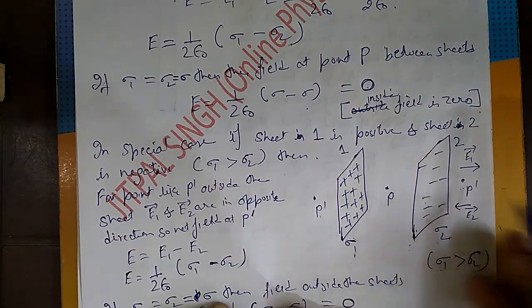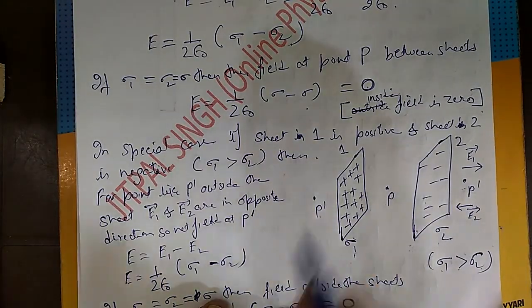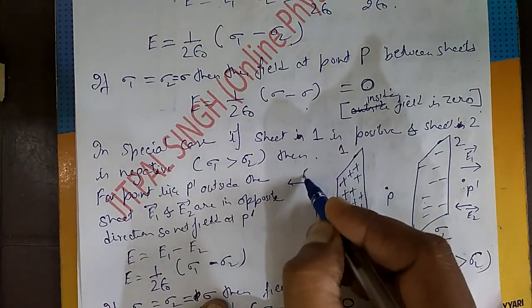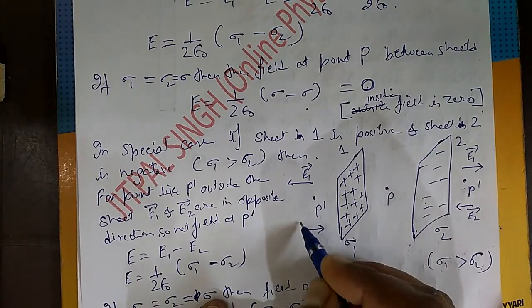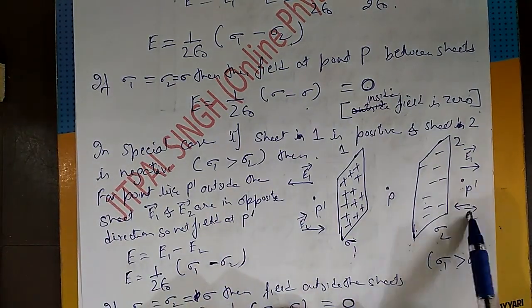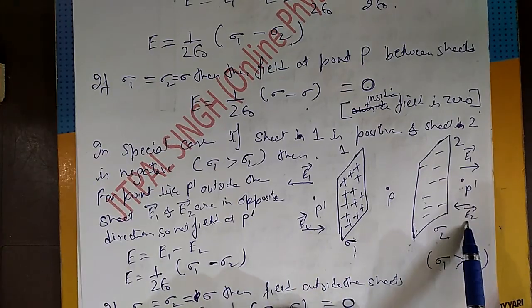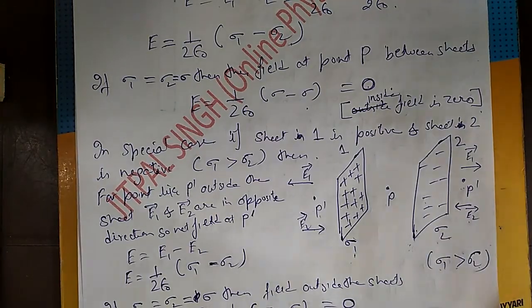So these two fields are in opposite directions. Similarly, for P dash on the extreme left, E1 is towards the left while E2 is towards the right. So here for point P dash, the fields are in opposite directions. So the net field would be the difference of the two fields.